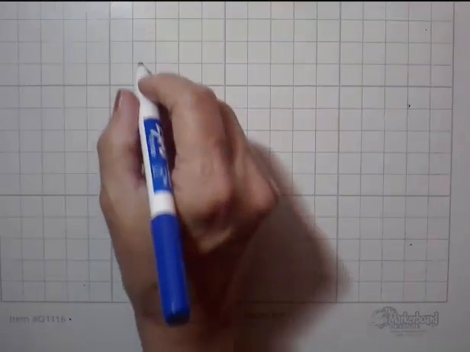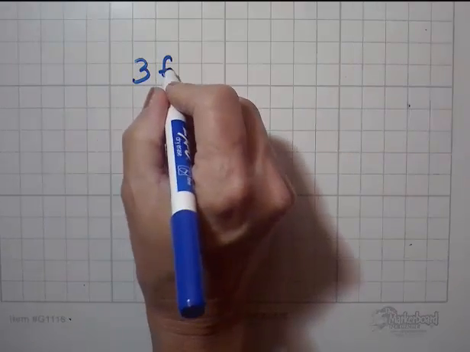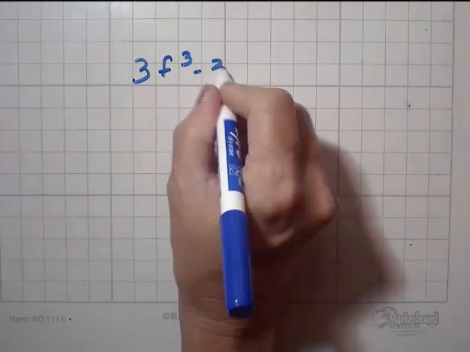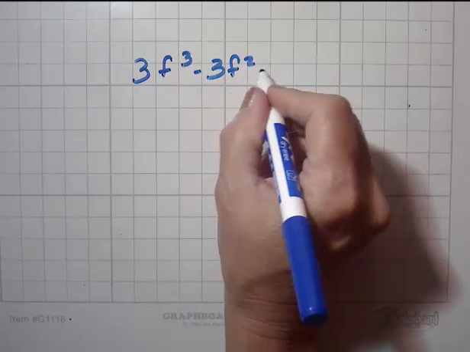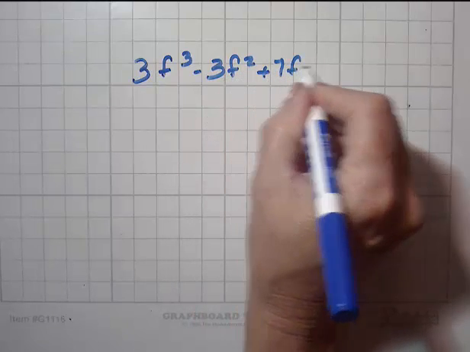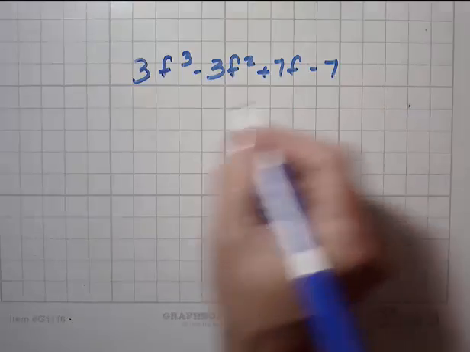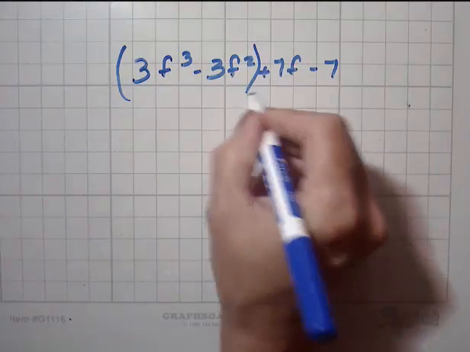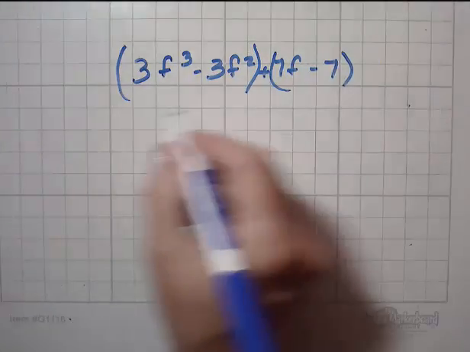Let's do one with a negative in it. 3f cubed minus 3f squared plus 7f minus 7. Parentheses around the first two, parentheses around the last two.